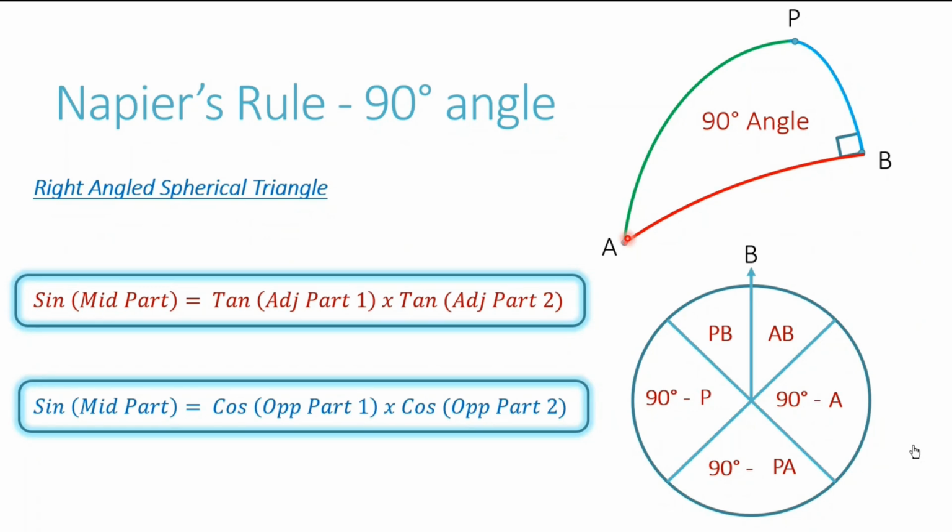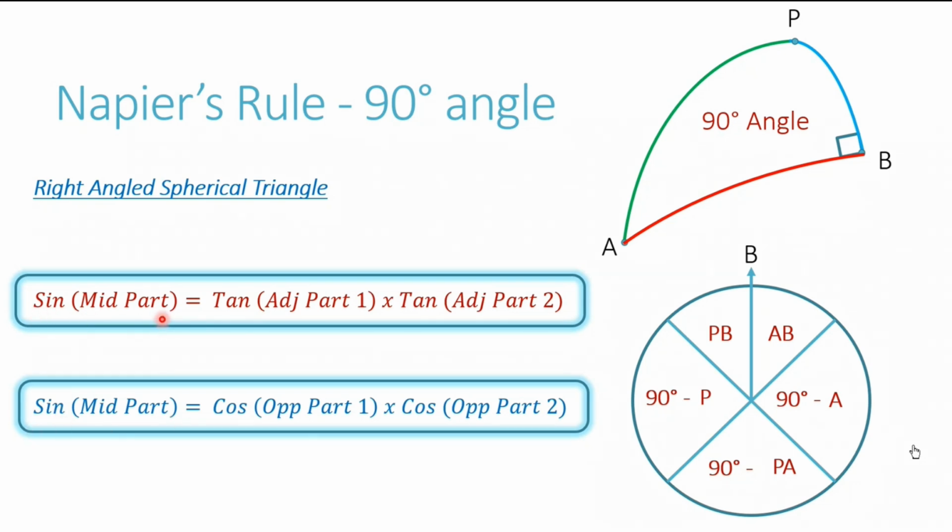Now let's see the application of Napier's rule. A very easy way of remembering the Napier formula is, you see on the left hand side of both these formulas, we have sine of the middle part.